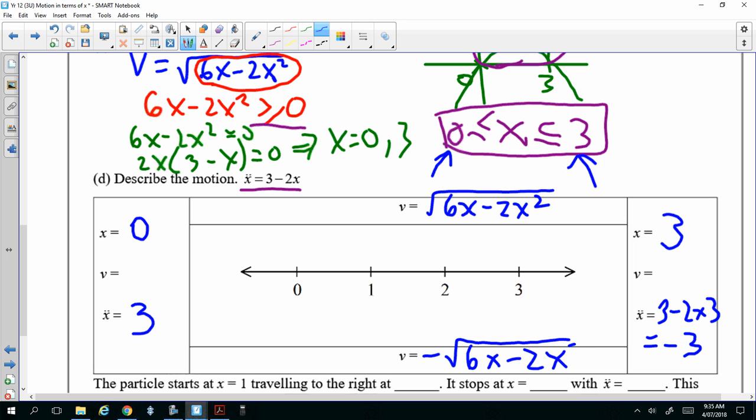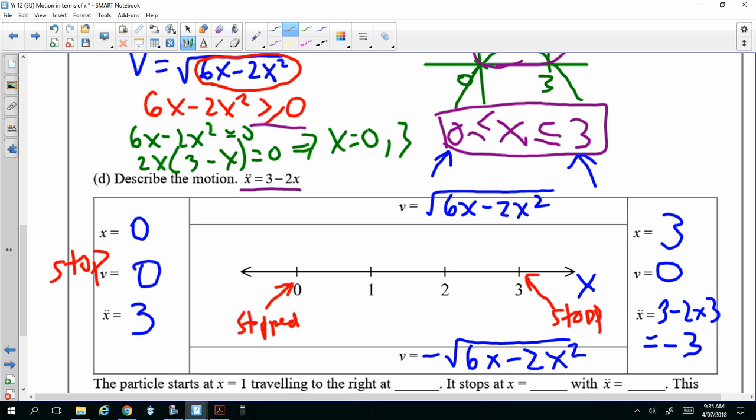In both cases, when you substitute x equal to 0, you get 0 velocity, and when you substitute x equal to 3, you also get 0. So what that tells you is it stops at the end points. It stops at 0 and stops at 3, which is one way to understand why it doesn't move beyond 0 and 3. That's when it reverses direction.